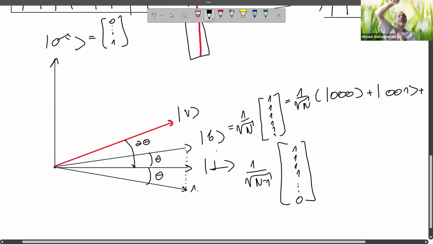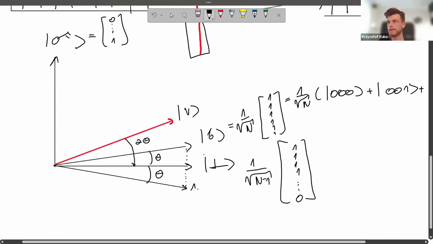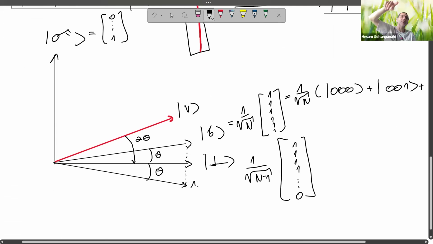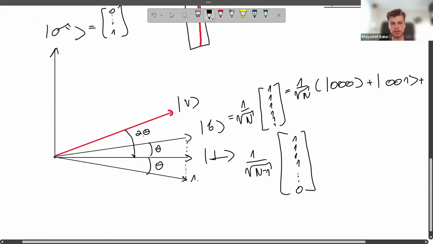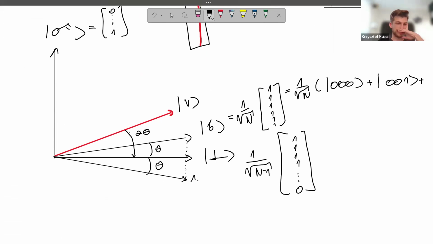And that 2 theta should be 3 theta, right? Or am I mistaken? This angle that you pointed to as 2 theta, should it be 3 theta? No, this is actually correct.